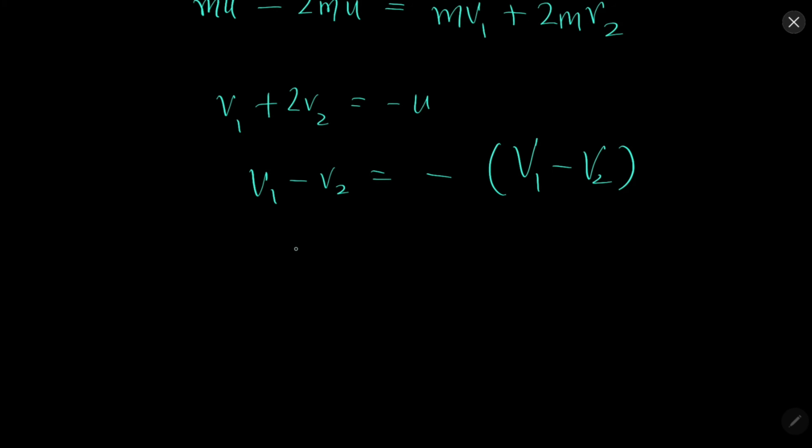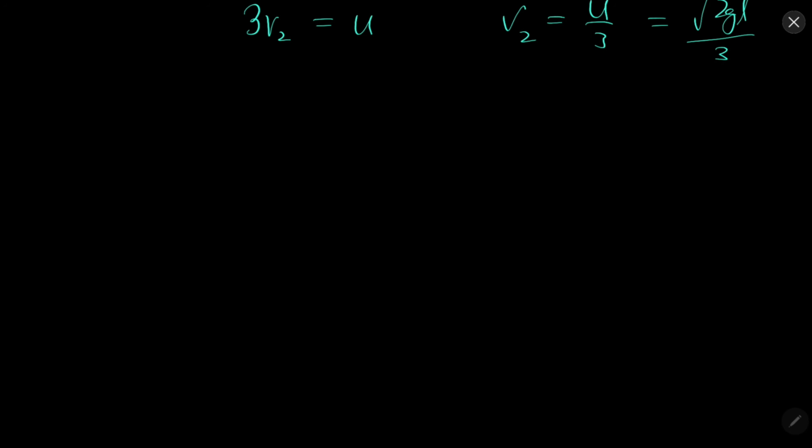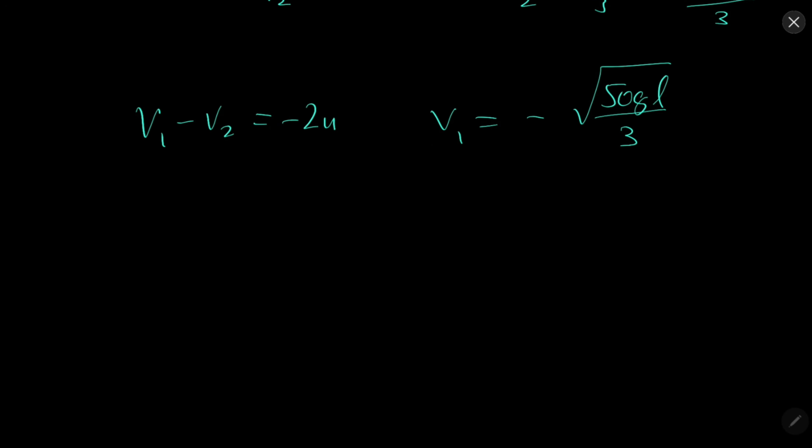So ultimately v1 minus v2 will be minus 2u. So 3v2 equal to u, v2 equal to u by 3, root 2gl by 3, and therefore v1 minus v2 equal to minus 2u, v1 will be minus root 50gl over 3.